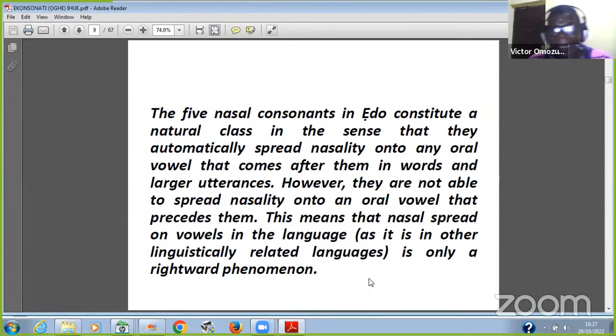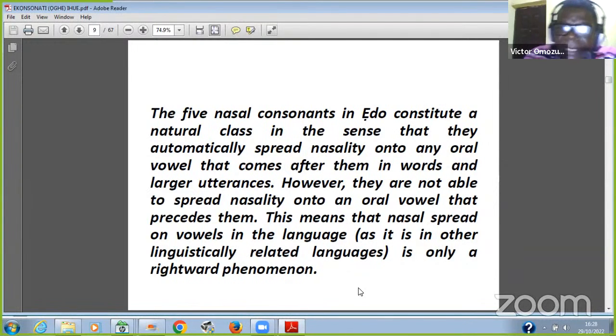Okay, this is exactly what I have said in Edo previously. The 5 nasal consonants in Edo constitute a natural class in the sense that they automatically spread nasality onto any oral vowel that comes after them in words and larger utterances.